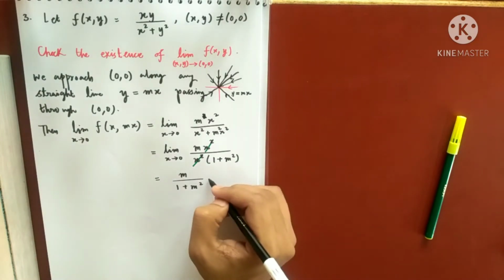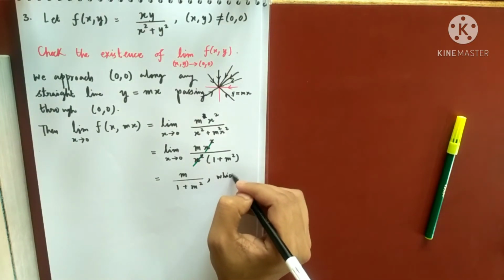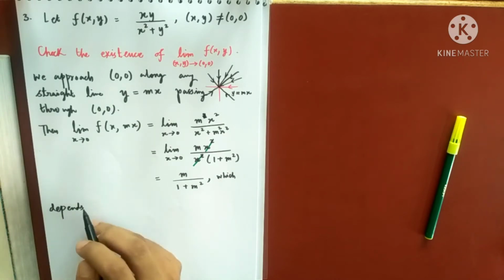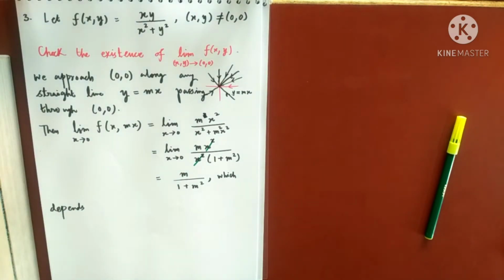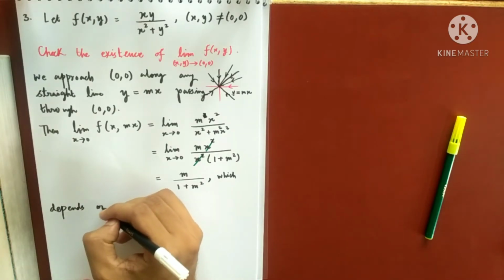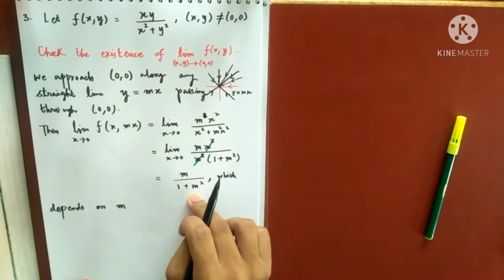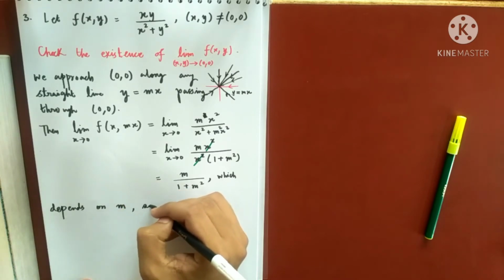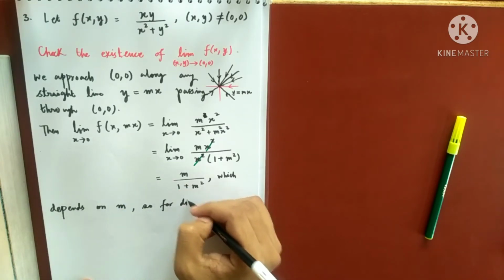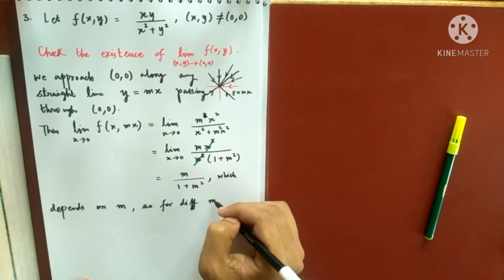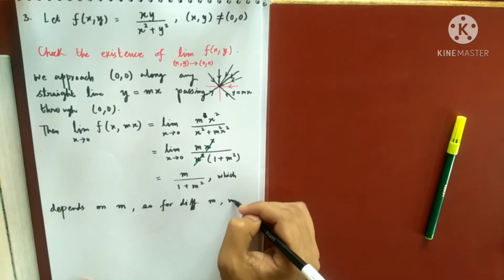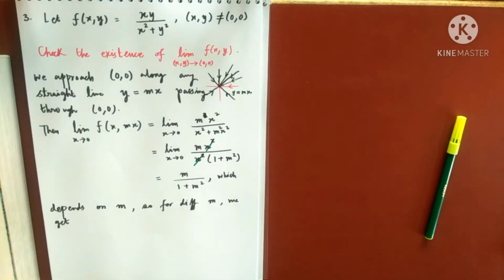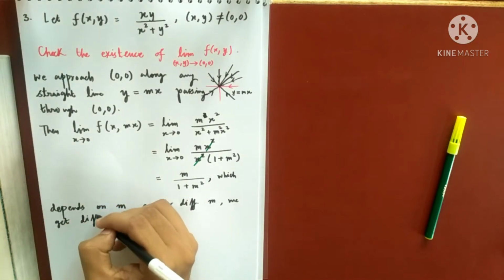So I'll simply write which depends on m. So definitely the limit depends upon m. So for different m, we get different limits.